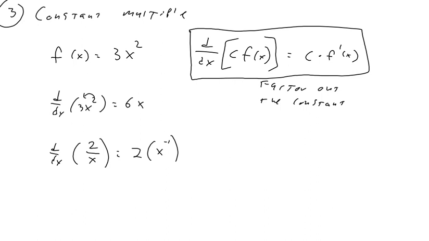Right? This x on the bottom has an exponent of 1. Bring that x to the top, negative 1, right? Do the derivative of that. Bring the negative 1 down front. So it's going to become negative 2, x to the, subtract 1 from my exponent. Negative 1 minus 1 is negative 2. So it becomes negative 2 over x squared.